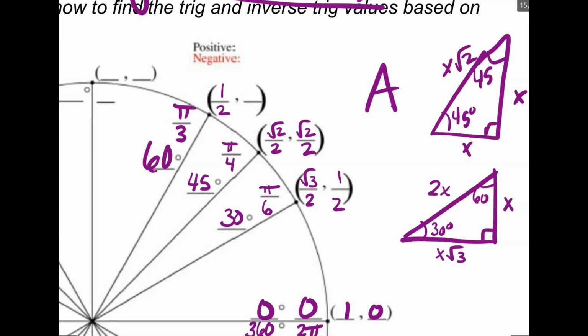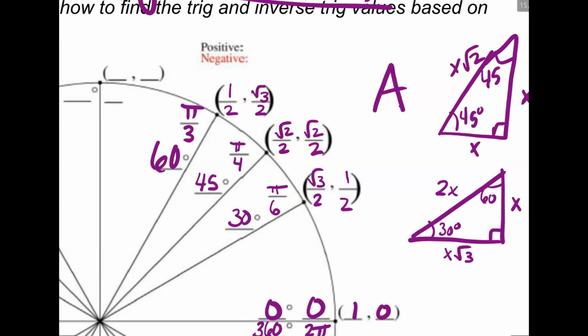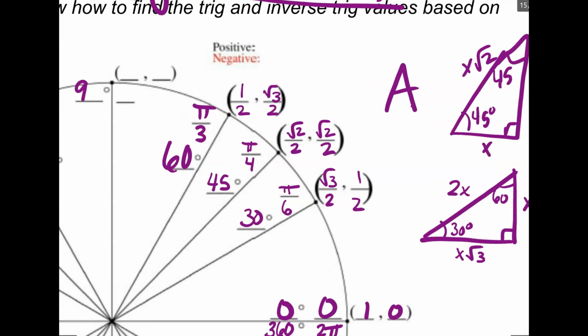Literally, it's the opposite of 30 degrees. Perfect. And lastly, we have 90 degrees. This is equal to pi over 2. And what are the coordinates? 0, 1. Beautiful. So in the first quadrant, all of them were positive.